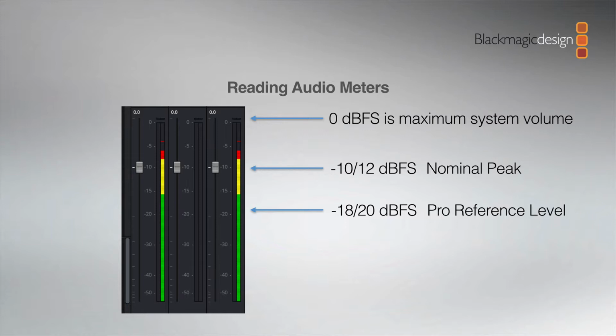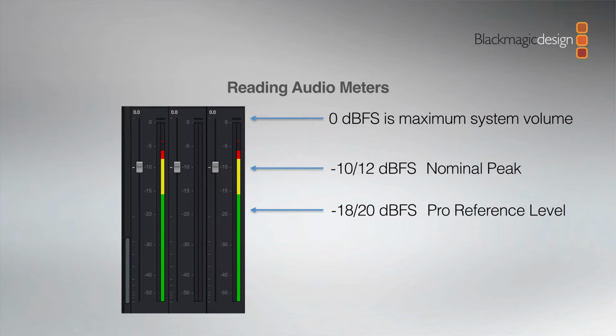Now, below that, you have a pro reference level, which is around minus 18, minus 20, depending on where you are in the world. And this is kind of where your average sound is going to hang out. This is where it's going to bounce around in this kind of general range. The nominal peak, around minus 10, minus 12 dBFS, is the peak that the system is designed for.